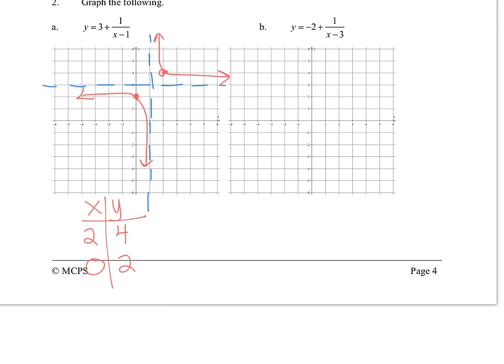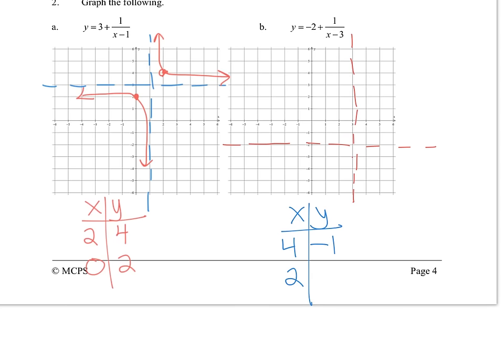Do the same thing for B. We have a vertical asymptote at x equals 3, and a horizontal asymptote at y equals negative 2. Pick a point to the right and a point to the left. So when you plug in 4, you get negative 1.